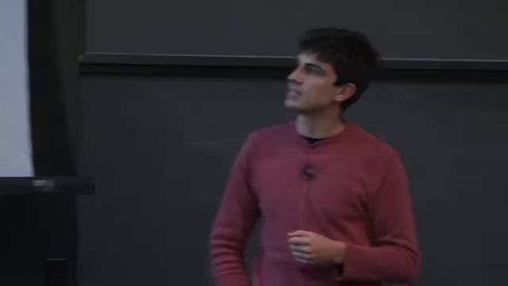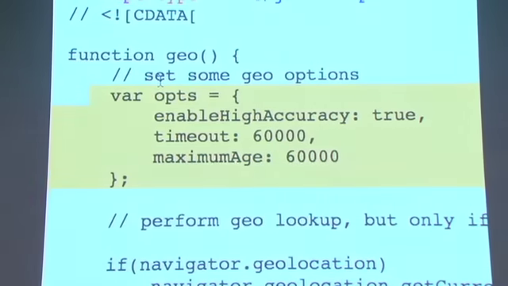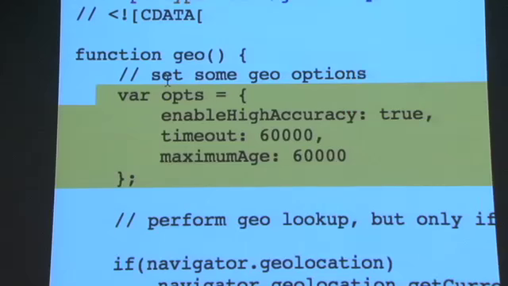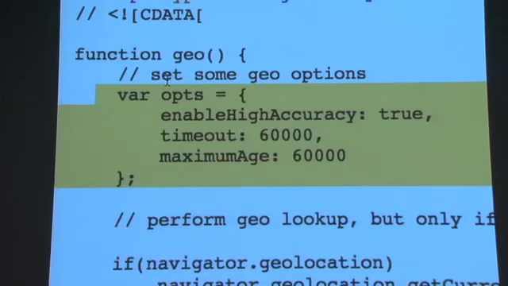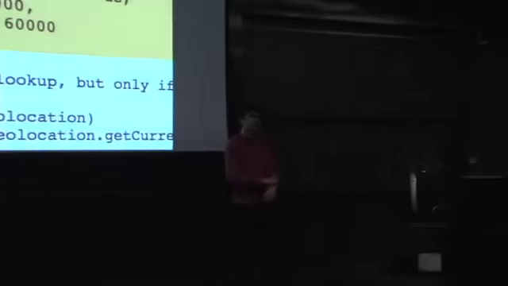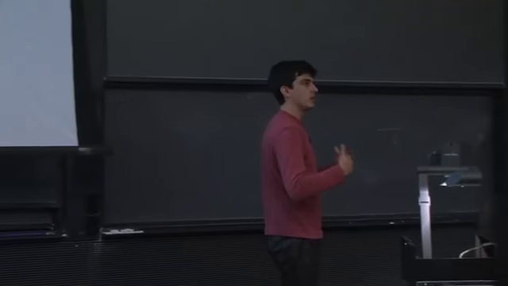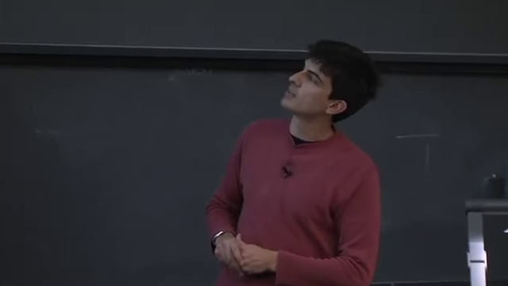We can also specify a timeout, which is basically telling the web browser how long we are willing to wait for a fix before we want it to fail. In this case, the timeout and the maximum age are both in milliseconds. So after 60 seconds, if the web browser can't figure it out, it will time out and send an error message to that handler function that I had before.